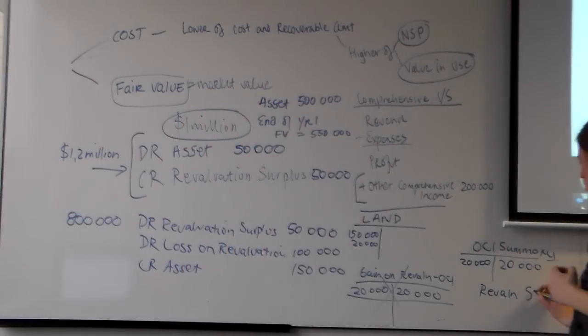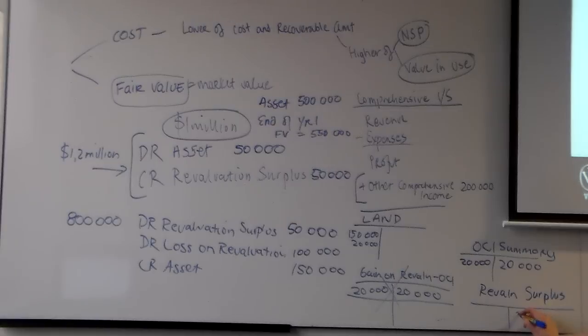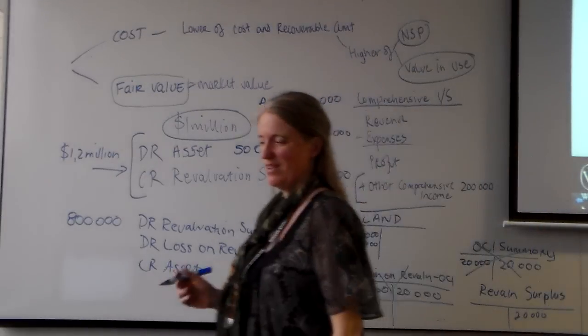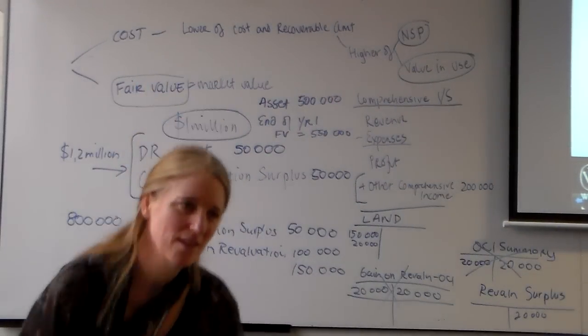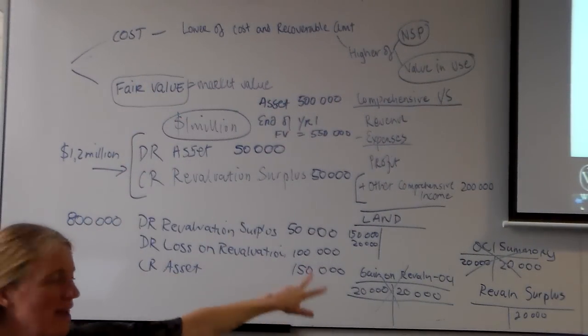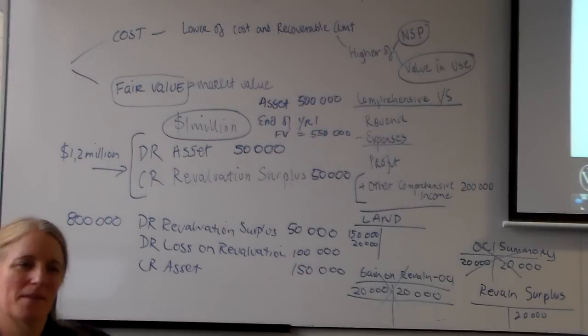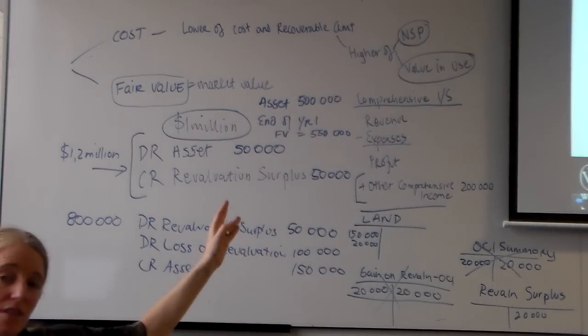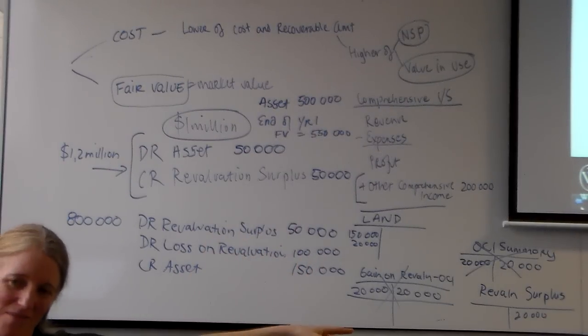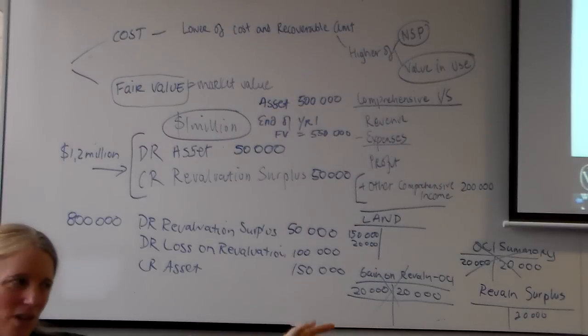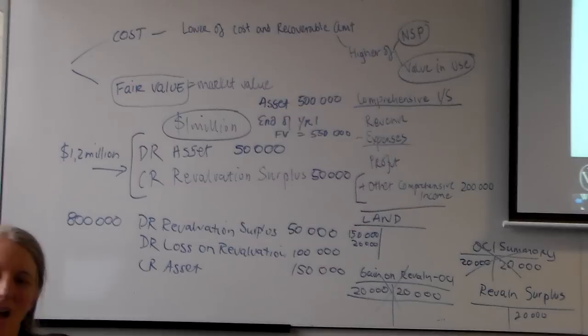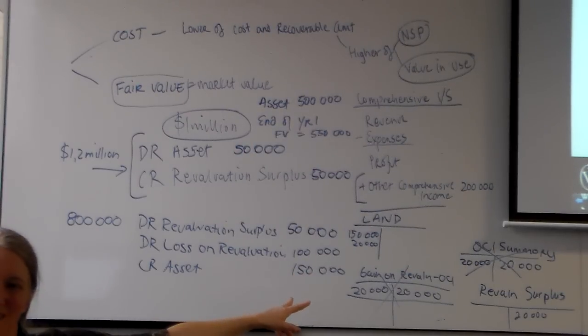So all I'm saying to you is that in that slide they've basically got 3 or 4 extra steps, which end up with the same as what I did on the board. You know what I'm saying? In other words, what we've ended up with is debit land and credit revaluation surplus. I wouldn't in a test expect you to do those other 2 steps there.